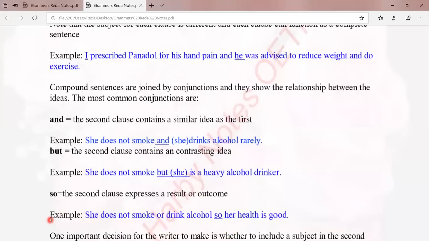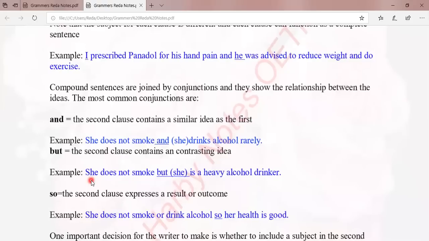But she does, very nice: she does not smoke and she drinks alcohol rarely. So there can be contrasting ideas. She does not smoke and she drinks alcohol rarely. So it's better to say but.